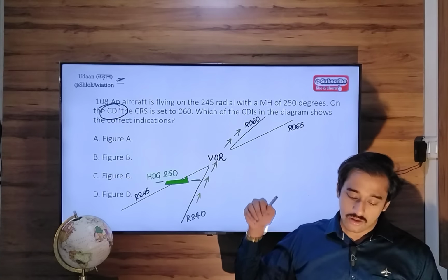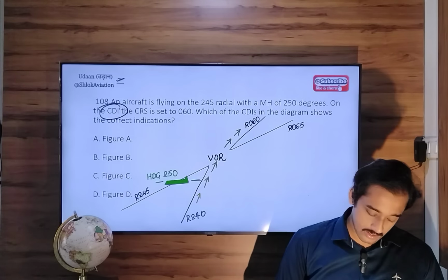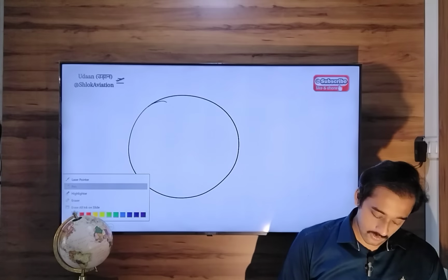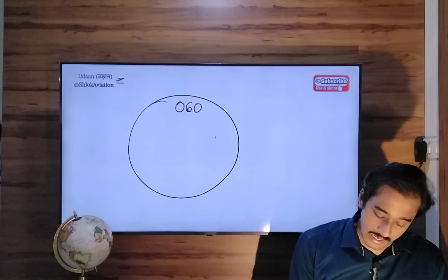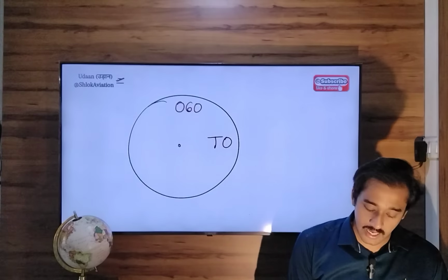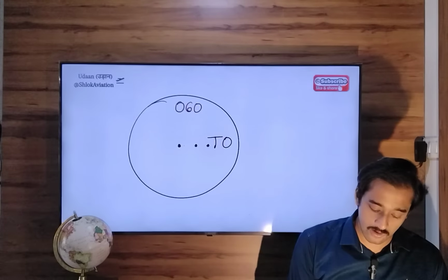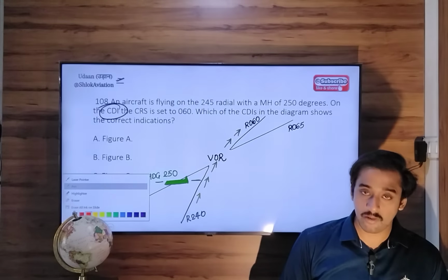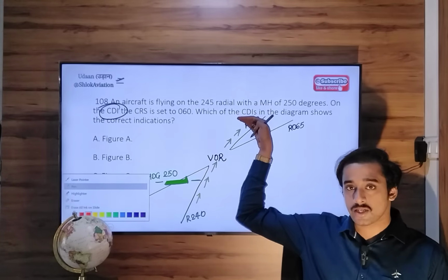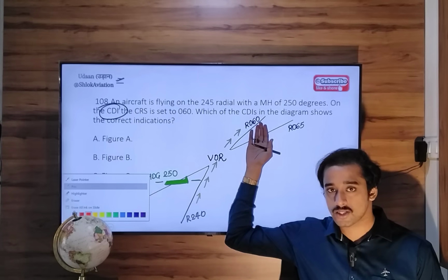So what will be the OBS selection that you have to make? In your OBS, you have to make a selection of 060 so as to get a TO indication. And now the CDI indication. The CDI needle will move left or right. Let's see. Now going inbound, we have to go inbound because we have to go to radial 060, which is on the other side of the VOR station.